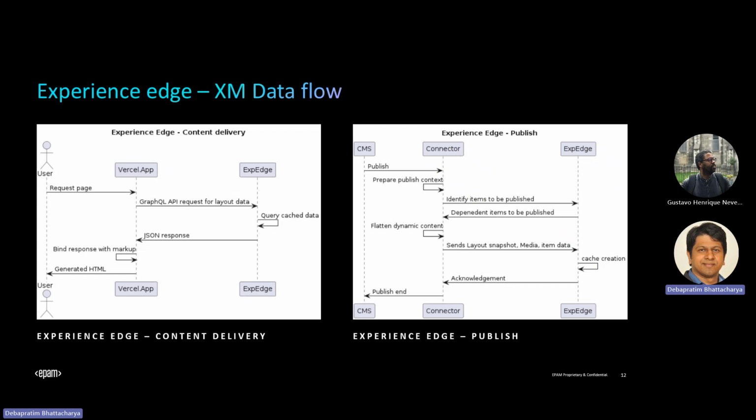Once those documents are prepared, it will send out the layout snapshots, media, and the item data to Experience Edge, which will result in the cache creation. That cache creation acknowledgement will be sent back to the connector. The connector will then acknowledge that as a publish end event.